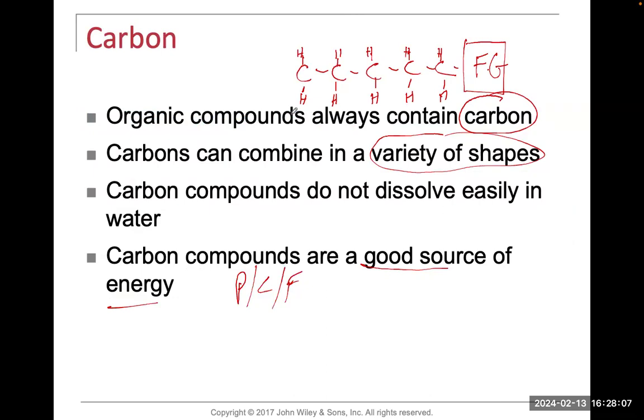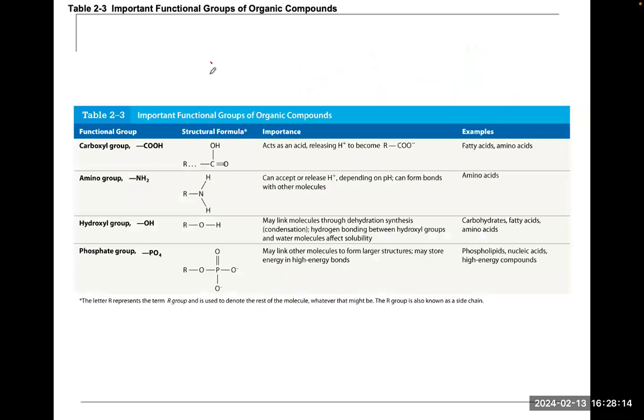Now, you heard me mention a side chain with a functional group. So let's take a look at some of these functional groups of organic compounds. These are important.